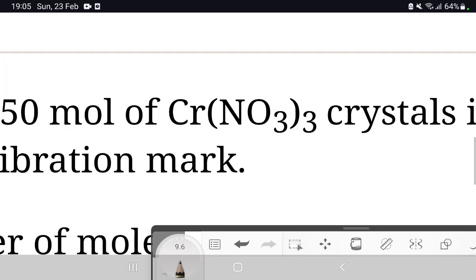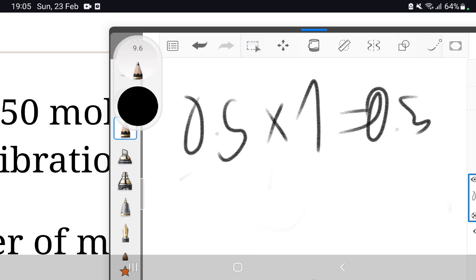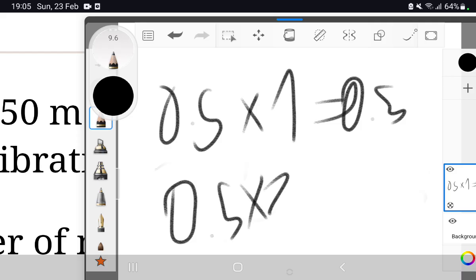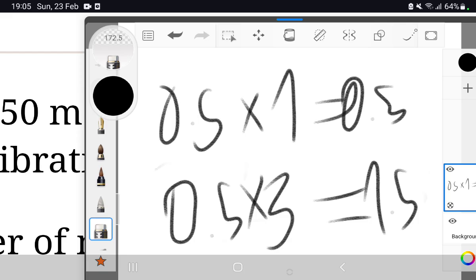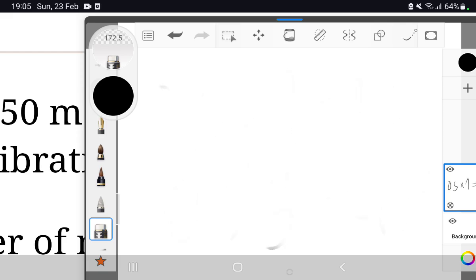Cr has only 1 chromium. 0.5 times 1, which is 0.5. Unlike nitrate, which has 3 nitrates, not 1. 0.5 times 3 is equal to 1.5. Just let me erase this.